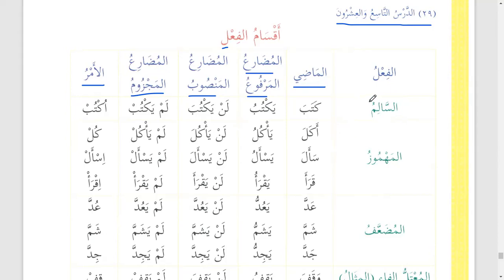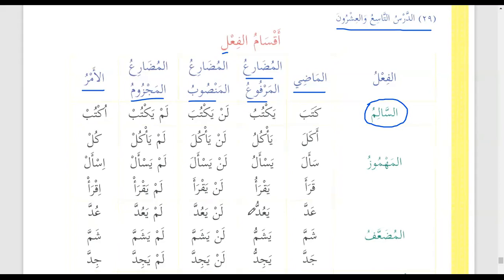So first of all, we have as-salimu. Can you please tell me what is meant by as-salimu? Yes, anyone over there? As-salimu. Okay, sound. What is meant by sound? That means it does not have hamza, it does not have tashdid, and it does not have any of the weak letters, yani waw or ya.